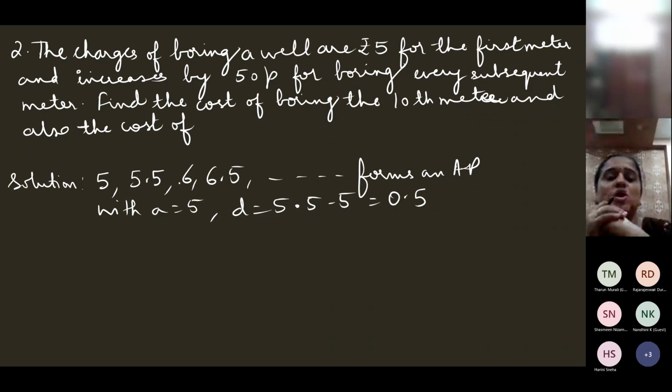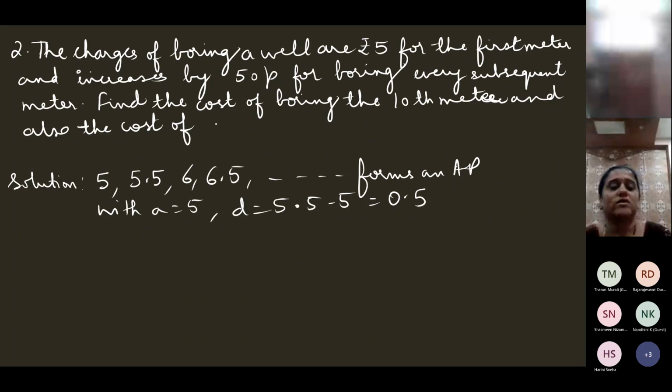It is the cost for boring the third, fourth, fifth, sixth, seventh, eighth, ninth, 10th meter. So the cost for boring the 10th meter is only the 10th meter: A10. First meter is A1, second meter is A2, third meter is A3, fourth meter is A4. So the charge for boring the 10th meter is A10.